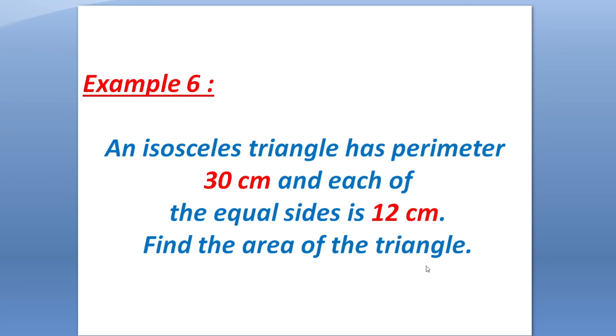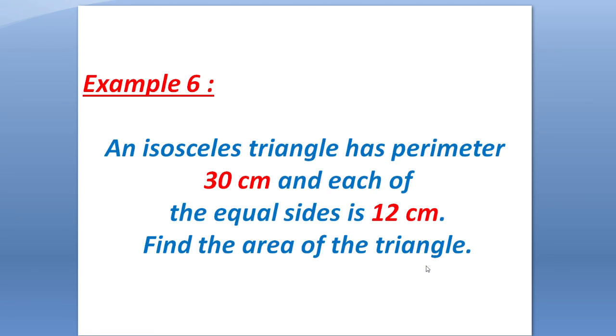Now see example number 6. An isosceles triangle has perimeter 30 centimeter and each of the equal sides is 12 centimeter. Find the area of the triangle.